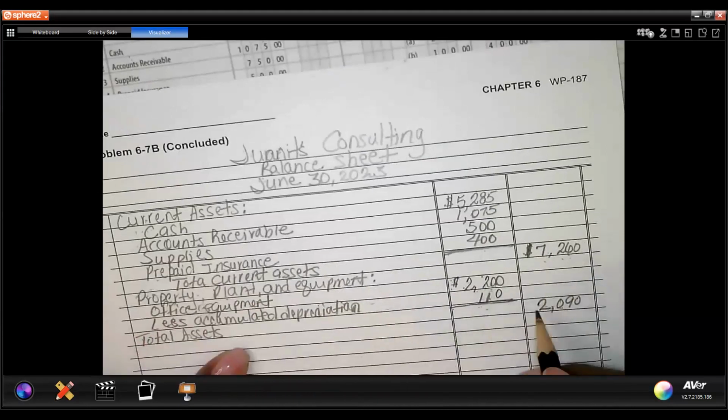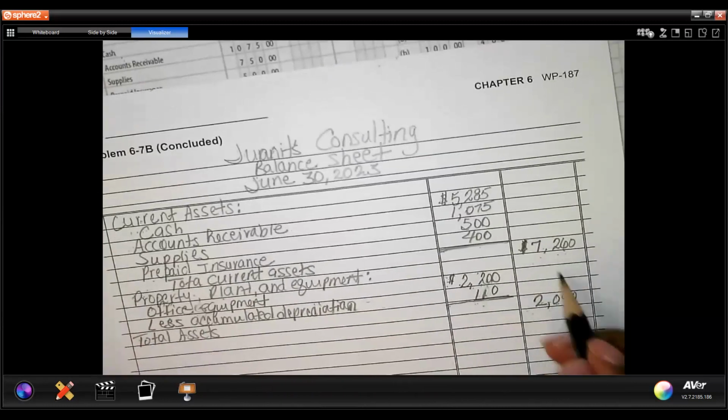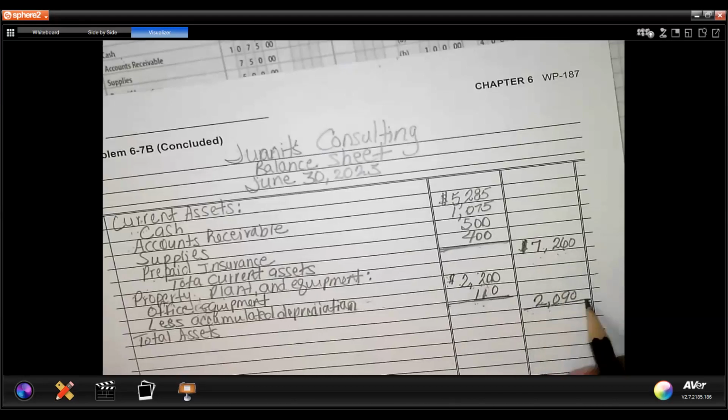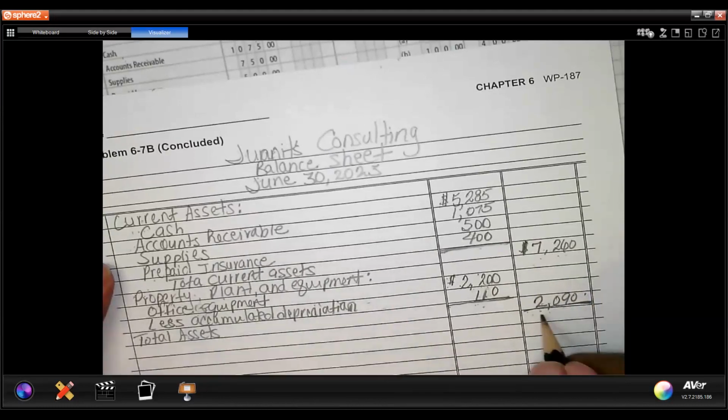And again, we're going to just draw a single rule because we're going to add a balance. So here we're going to list total assets, as you can see here. So let me just go down to here. We're going to list our total assets on this line here, and it's going to be $9,350.